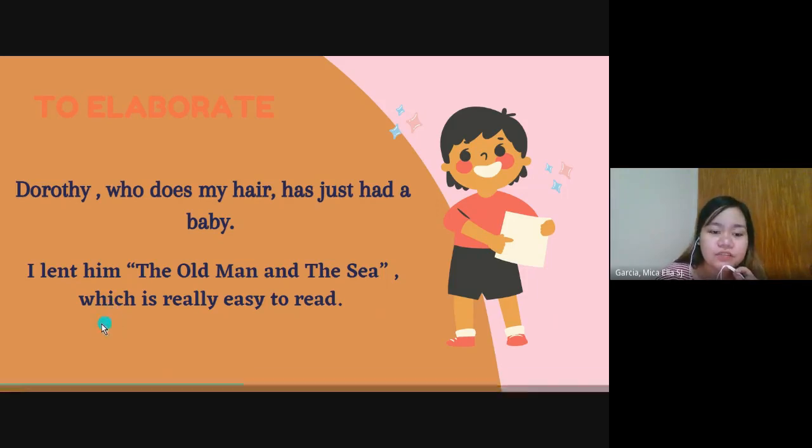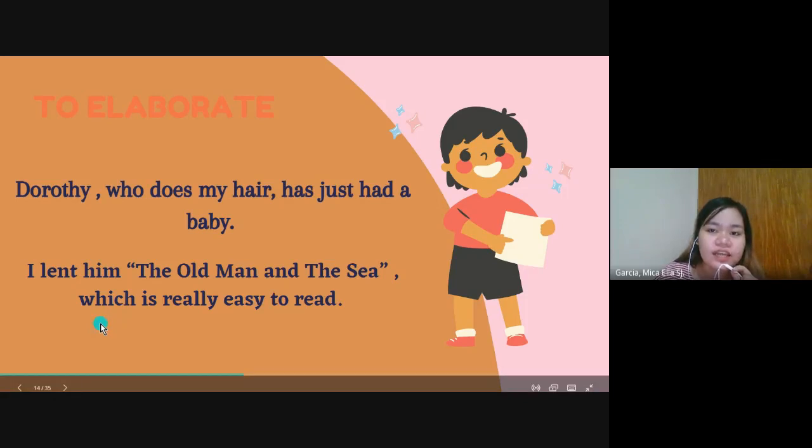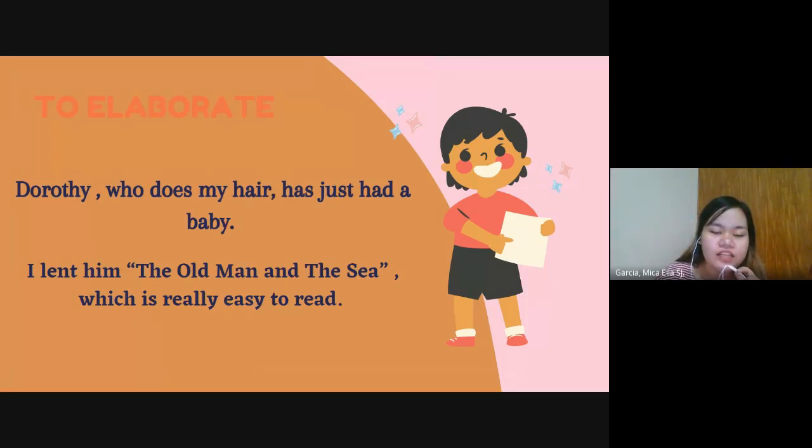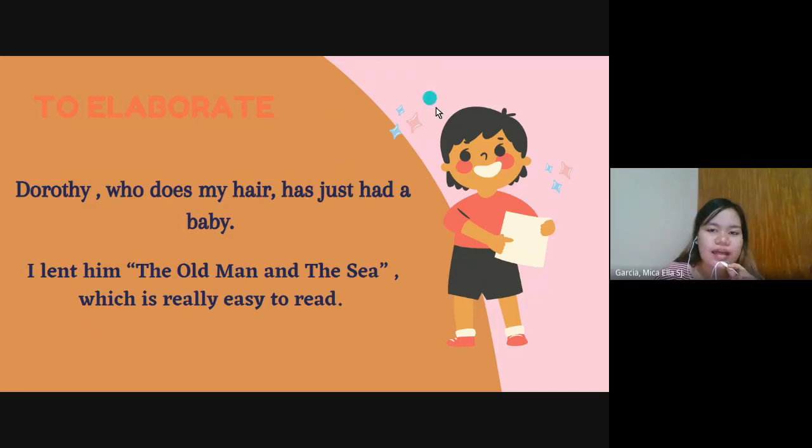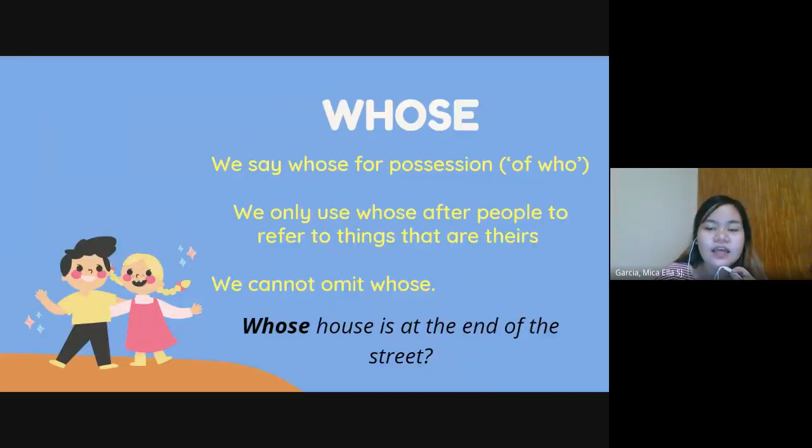What is the additional information in the sentence? Yes, LJ. Which is really easy to read. All right, very good. I hope you understand that in this case, we cannot remove who, which, and what in the sentence.